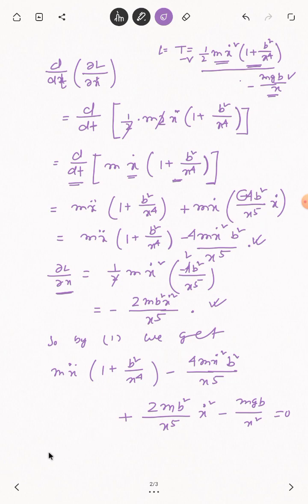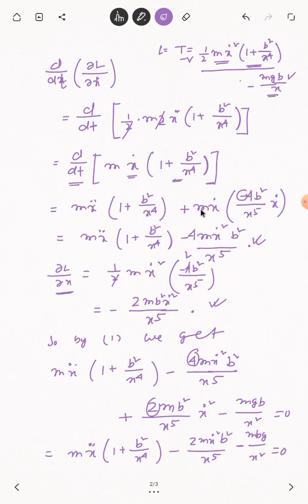So the minus will be cancelled. So ultimately we have mx double dot 1 plus b square by x to the power 4, minus 4 is here and 2 is here. All the remaining terms are same. So we have minus 2m x dot square into b square by x to the power 5 minus mgb by x square equal to 0.